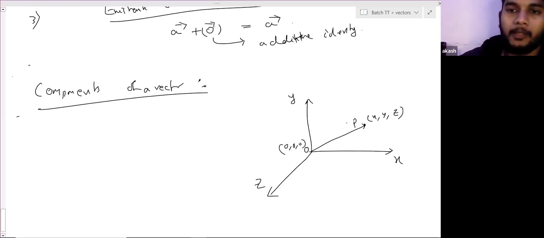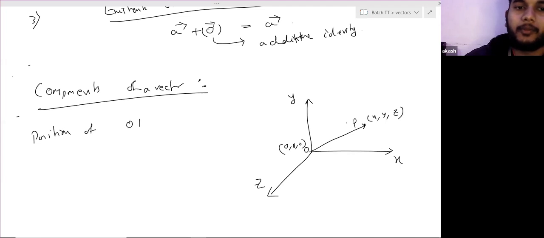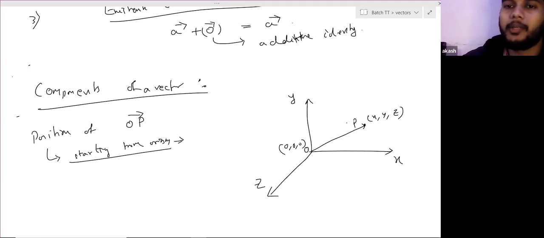Right. So first thing, writing the position vector of OP. What do I mean by position vector? Starting from origin. If any coordinate is given, then you can write OP vector, OA vector, OC vector as such.